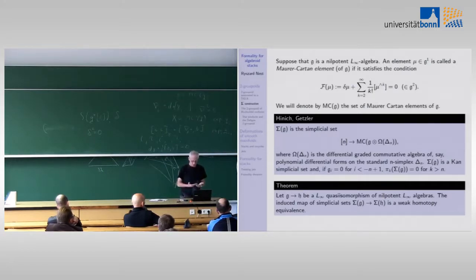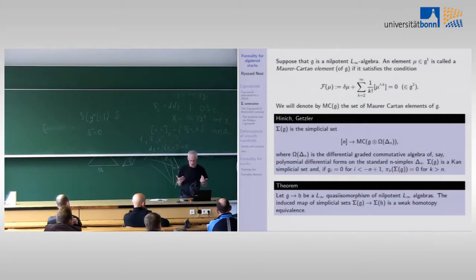Now, again, what's happening is the following. If we've got a DGLA, we have written down a two-groupoid. In general, when you have an L-infinity algebra, you can think about the set of Maurer-Cartan elements, and actually there is a natural simplicial set associated to it.